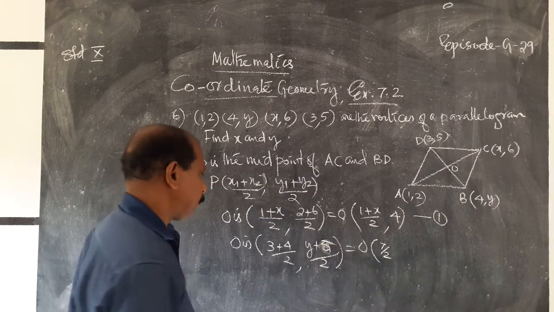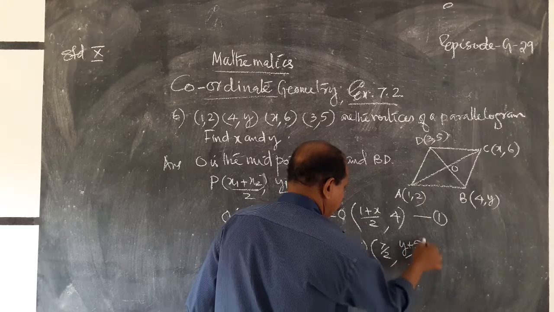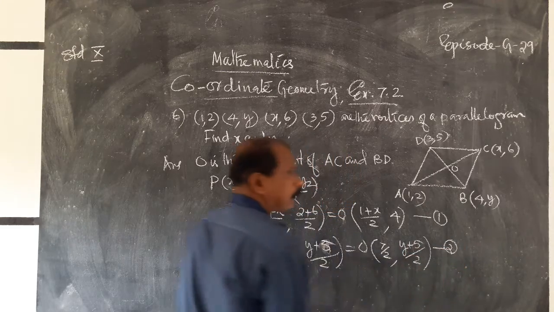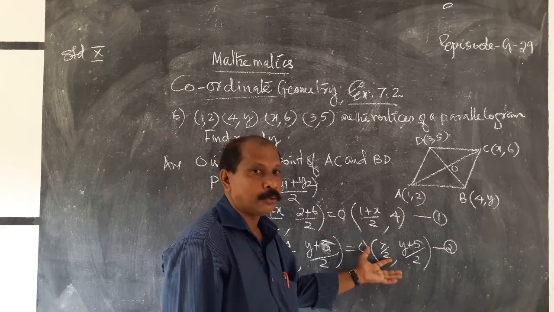So O is (7 by 2, (y plus 5) by 2), that is equation number 2. That means these 2 points are the same. Therefore, equation 1 and equation 2 are equal.